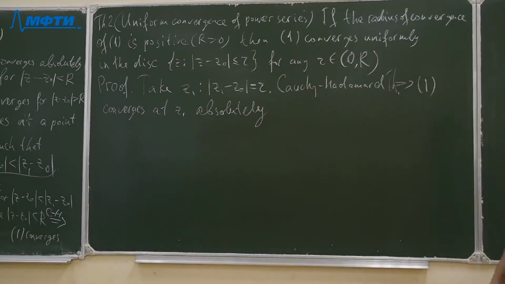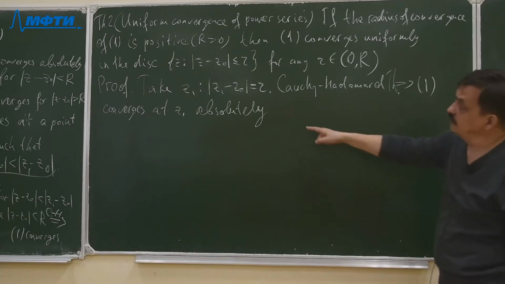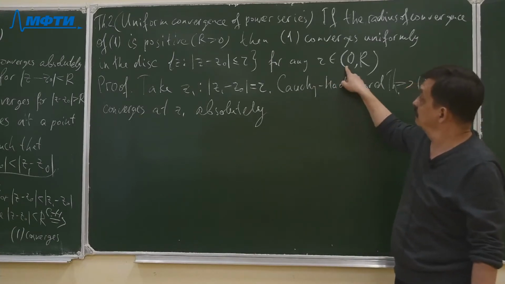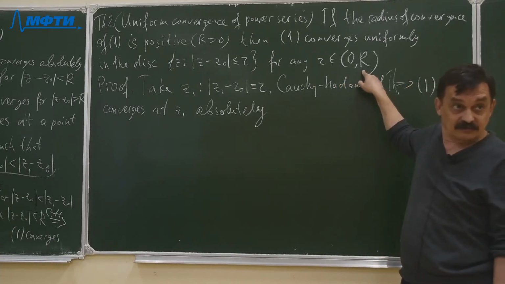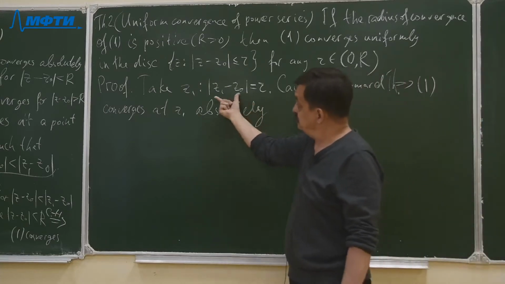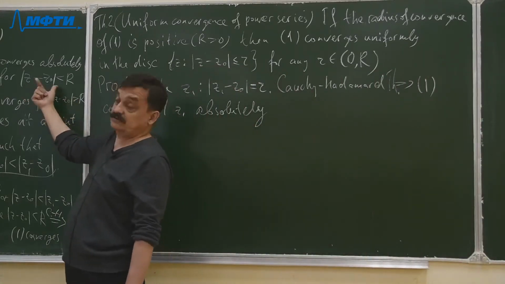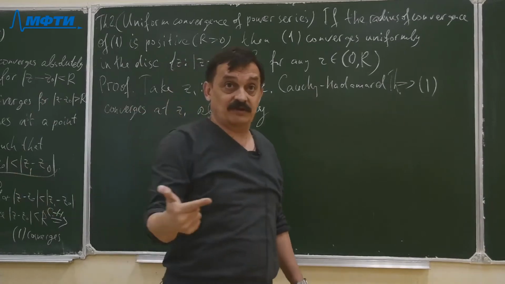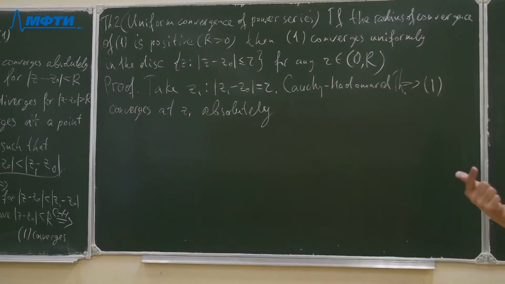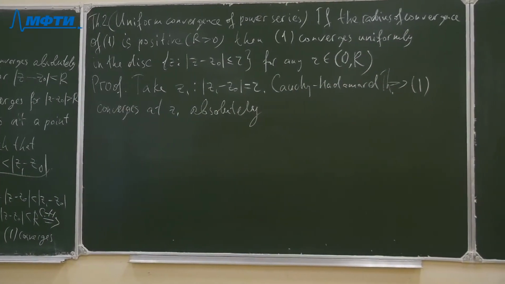Why? Because we know little r is strictly less than capital R, right? Hence, modulus of z1 minus z0 is strictly less than capital R, and our series converges absolutely.